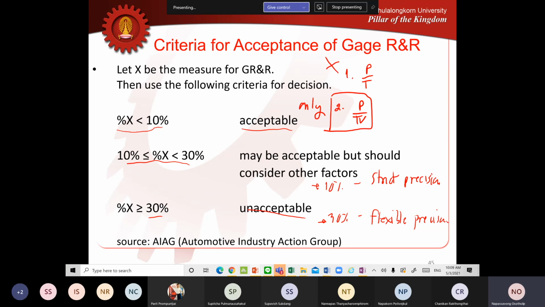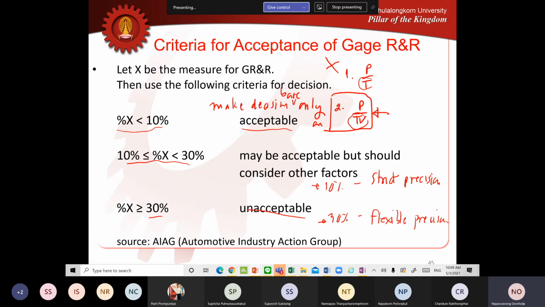We will make the decision based only on this indicator. That means we will compare the precision level with the total variation. That is more important than comparing it with the tolerance.